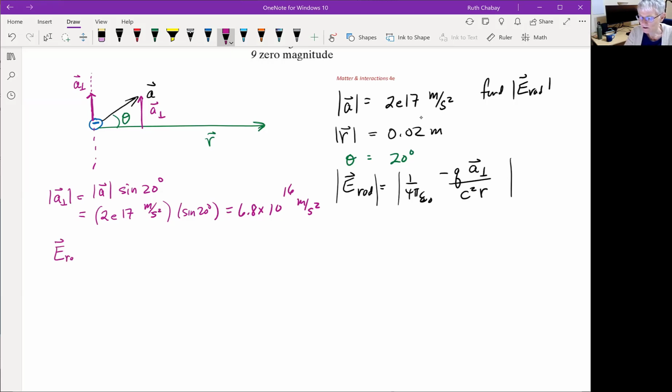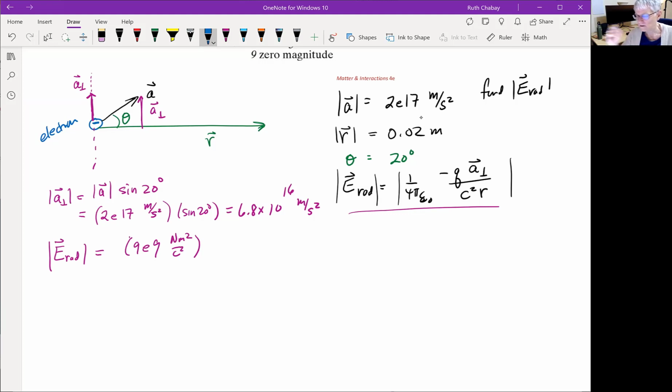So the magnitude of the radiative field is just going to be, we'll use our equation here. So it's 9 times 10 to the 9 Newton meters squared per Coulomb squared. Oh, this is an electron. We do need the charge, so it's an electron.